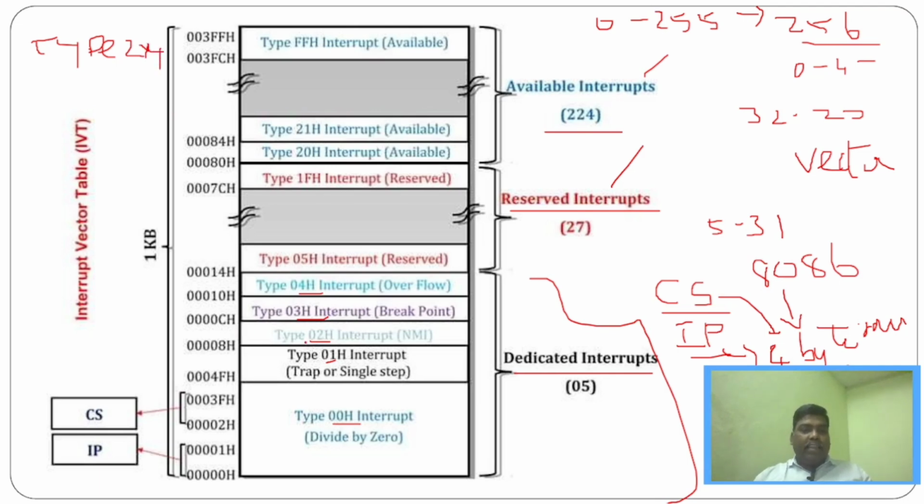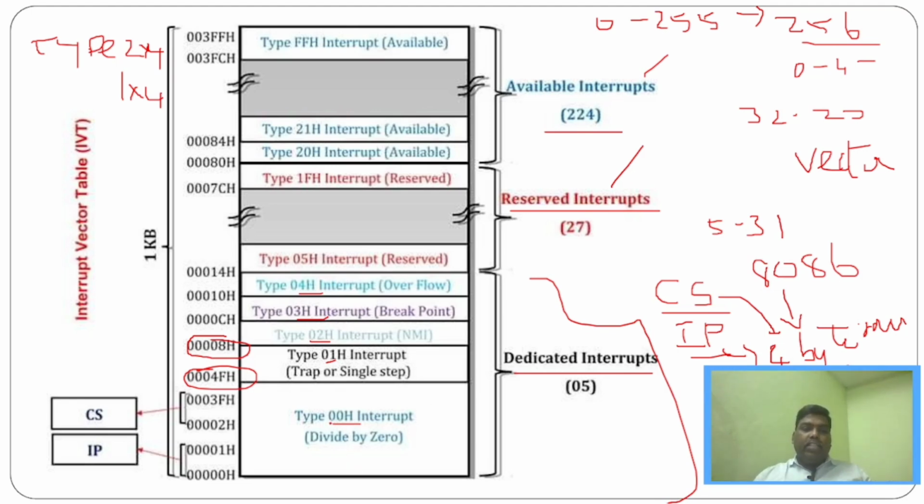Similarly, for type 1, it will be 4. It can be type 32 or whatever number. If you want to calculate the address location of the type 32 interrupt, then 32 into 4 is the address location. So calculating the address location is very easy, which means each and every interrupt has 4 bytes.